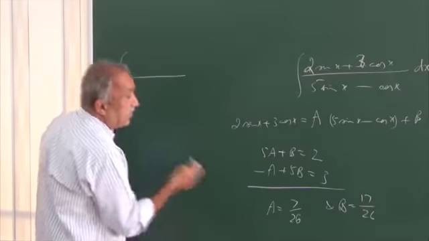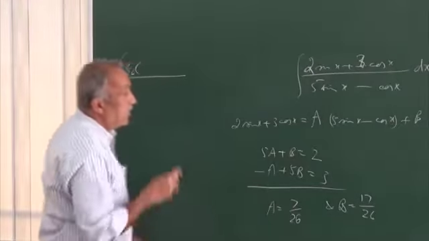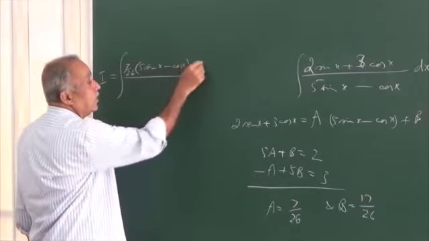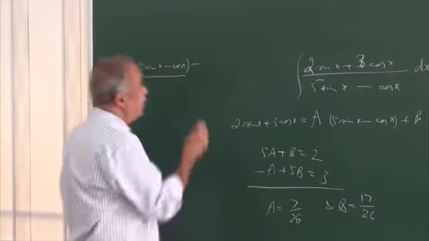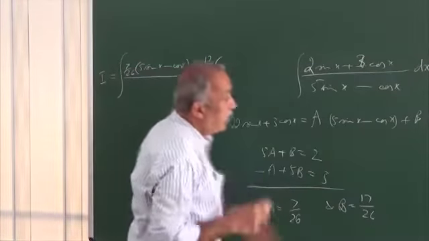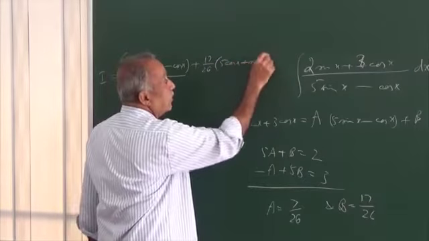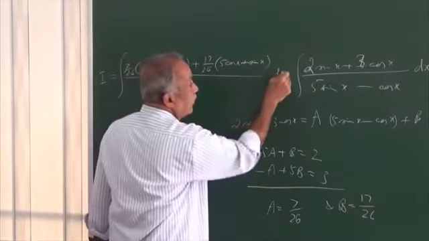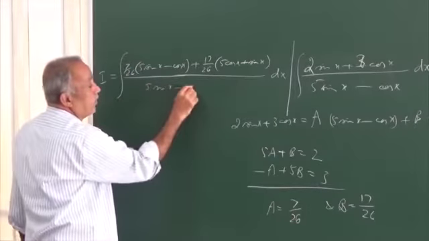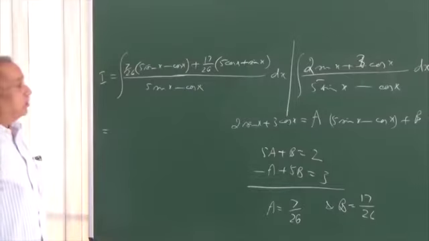Using these values, I will be able to decompose my given required integral as a, 7 by 26, into (5 sin x minus cos x), plus b, 17 by 26, into (5 cos x plus sin x). Once you get the numerator in this form, integration becomes immediate.